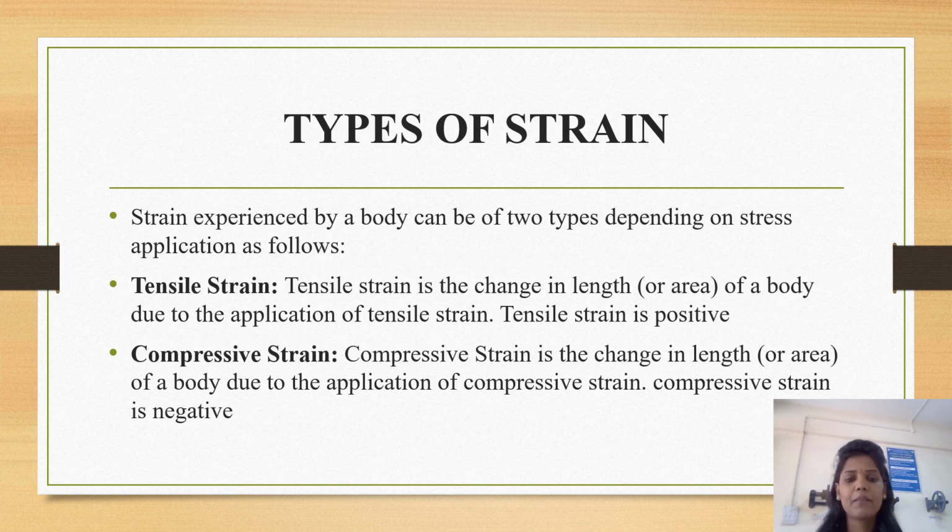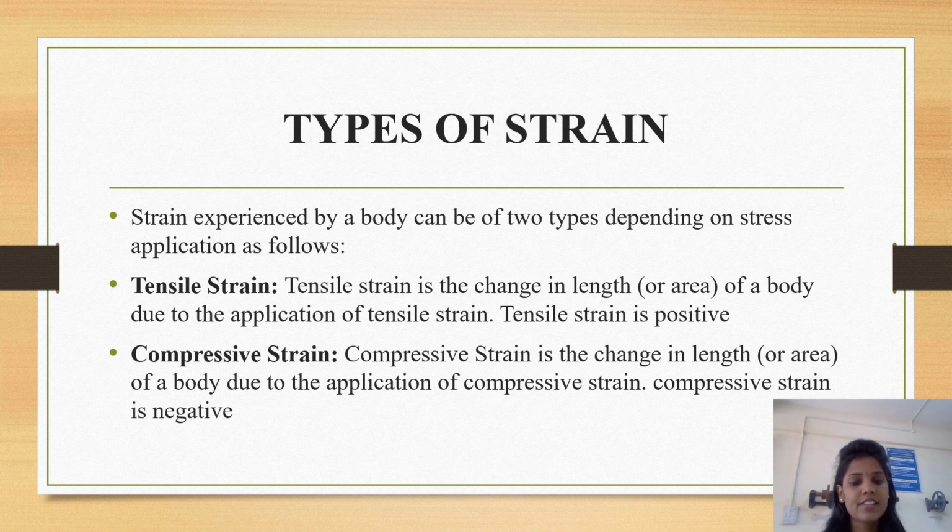The next one, types of strain. On the basis of load, tensile load and compressive load, strain is classified into two types: tensile strain and compressive strain. The tensile strain is the change in length of a body due to the application of tensile load.